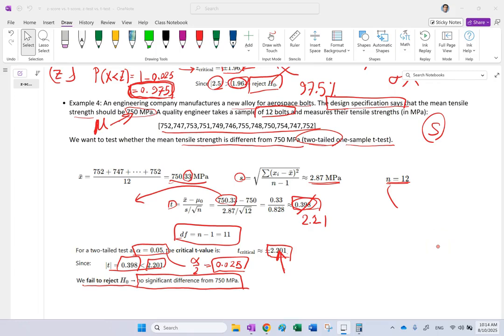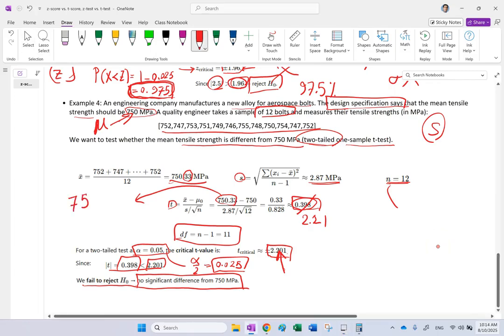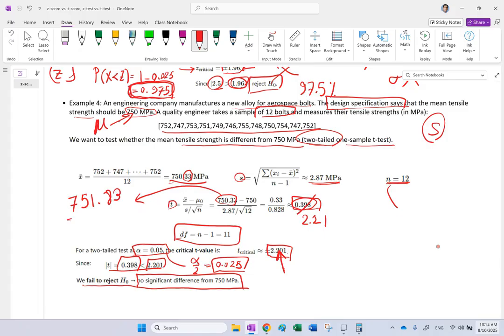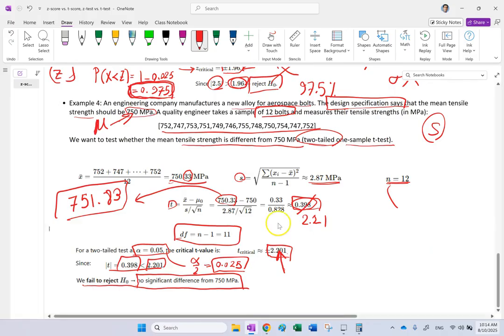In that case, the average would be 751.83. So if the average of the sample was even as big as this, only 1.83 bigger than the desired value, that would have been significant. And I should have said, yes, these are stronger than what we are shooting for.